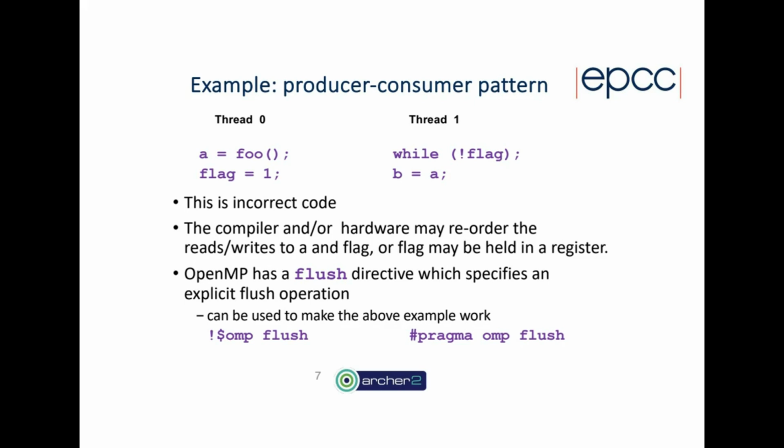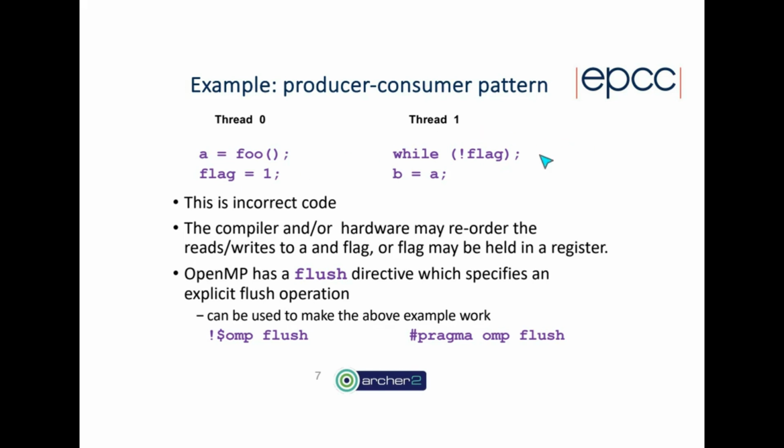So a simple example of this would be this kind of producer-consumer pattern. What we've got here is thread 0. It writes a value into a shared variable A, and then it sets a flag, supposedly to indicate that A has been written.